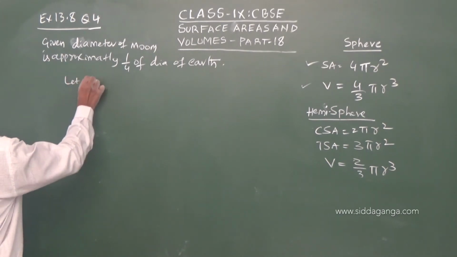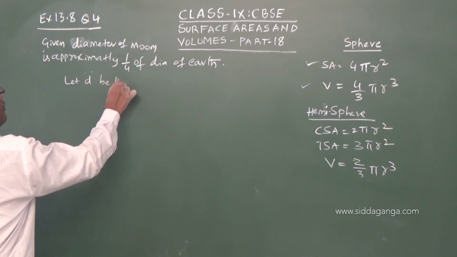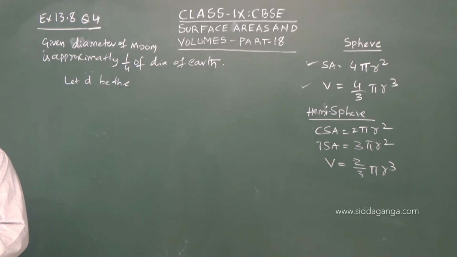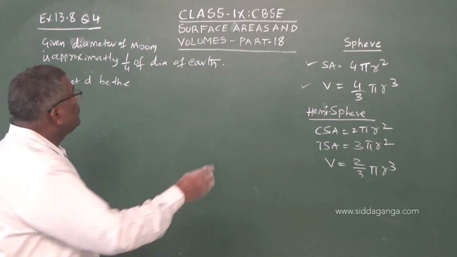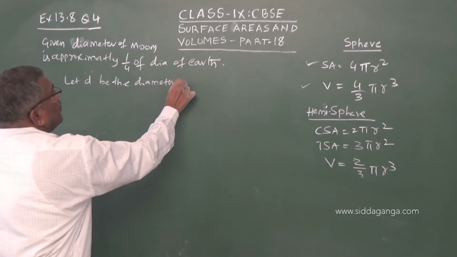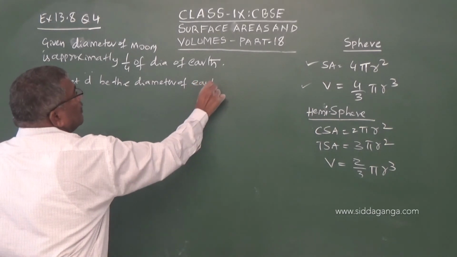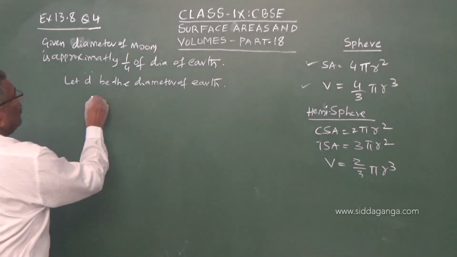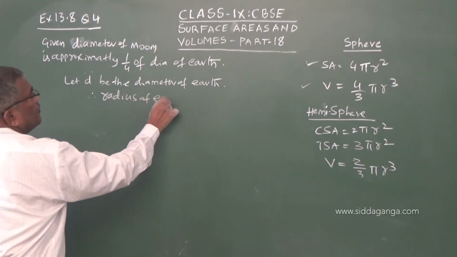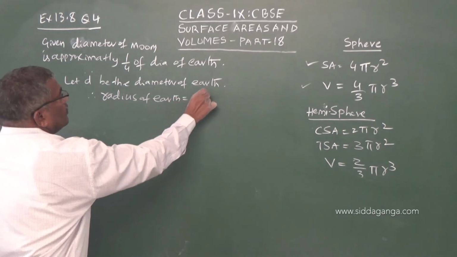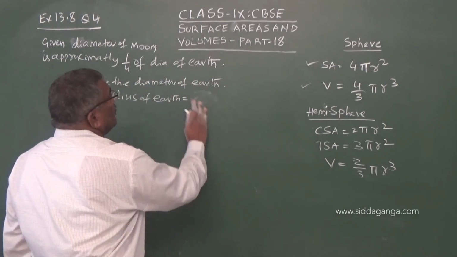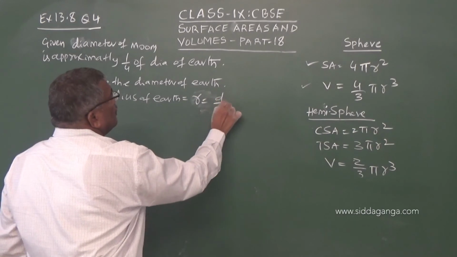Let D be the diameter of earth. So therefore, radius of earth equals D by 2. So this is the radius of earth, D by 2.